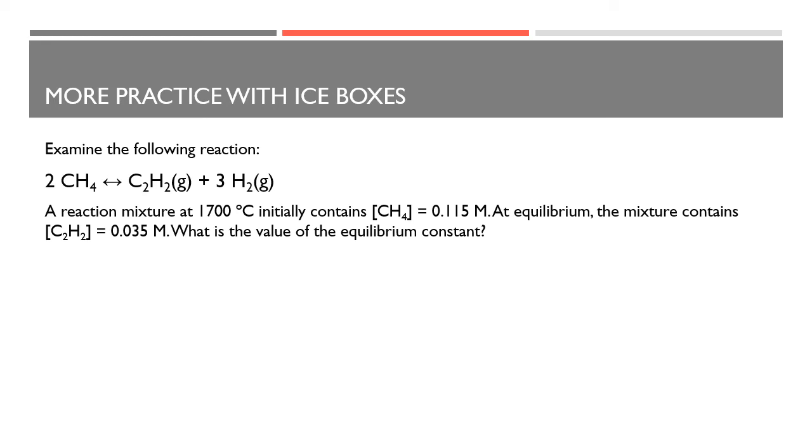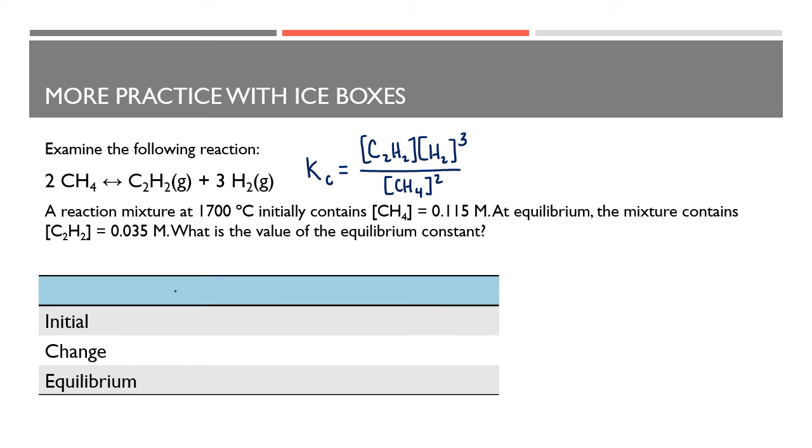Let's take a look at a practice problem with real chemicals. So we have this reaction here. Methane turns into C2H2 and 3 H2s. So I'm going to write the equilibrium constant expression. So we have the concentration of C2H2 times the concentration of H2 cubed, because the coefficient is 3, over the concentration of CH4 squared.